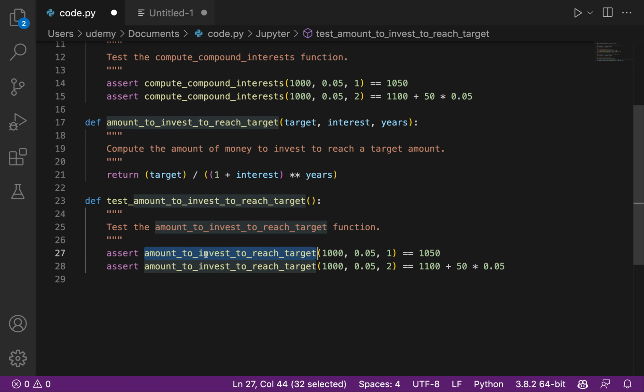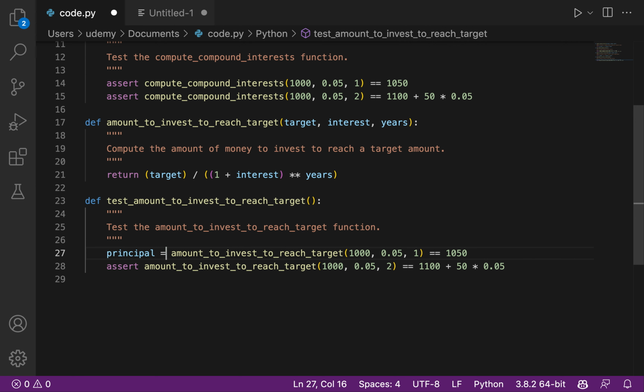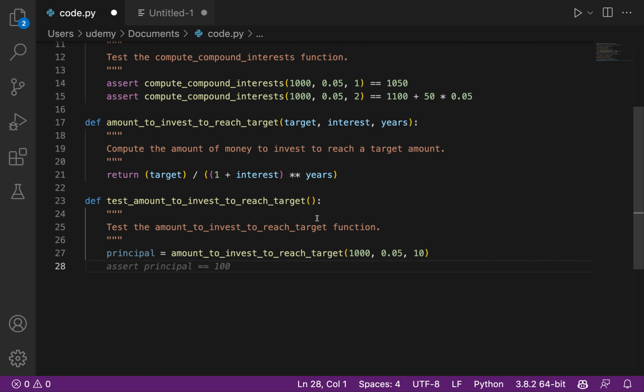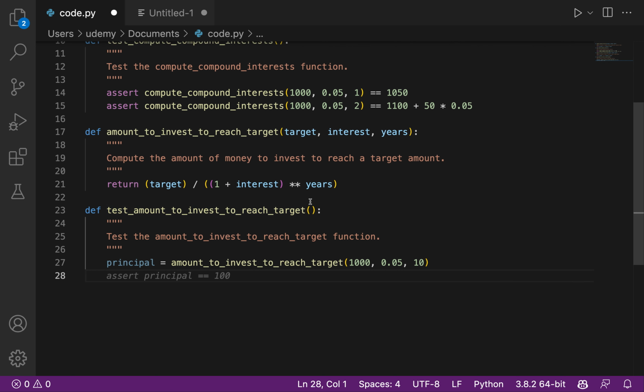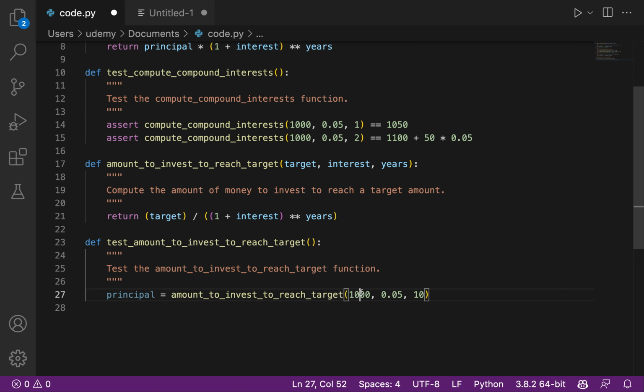So let's say I want to reach 1,000 euro. If I invest over 10 years with 5%, that will give me the money I need to invest.